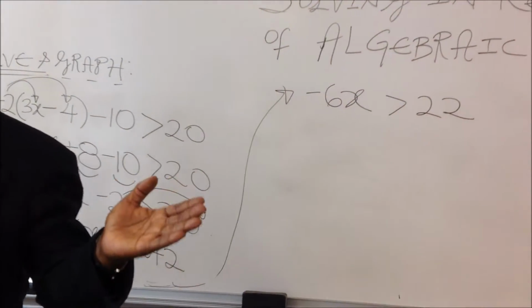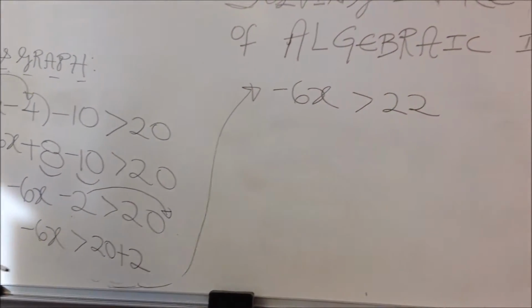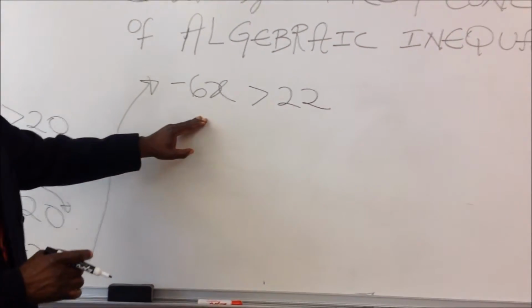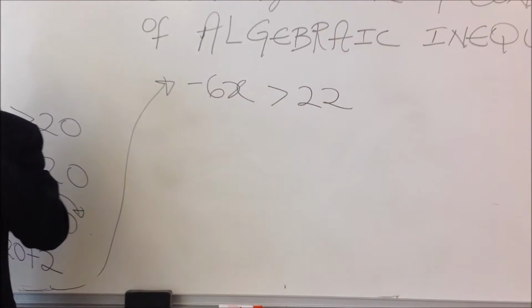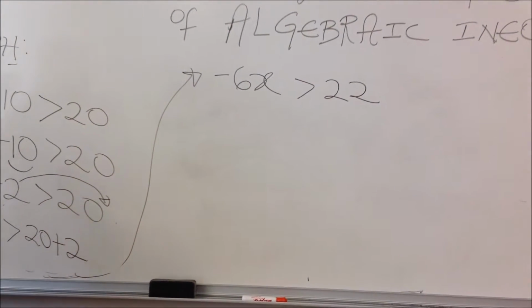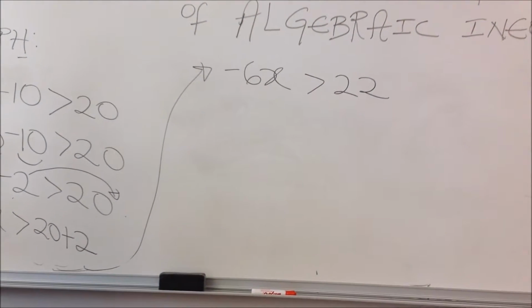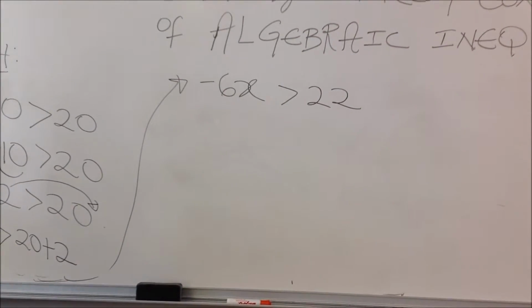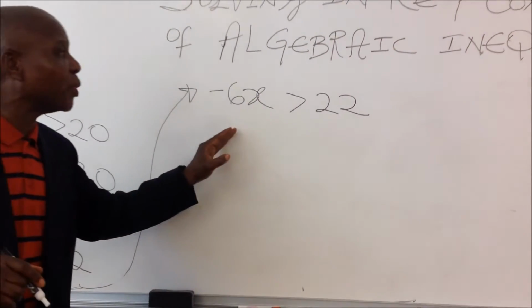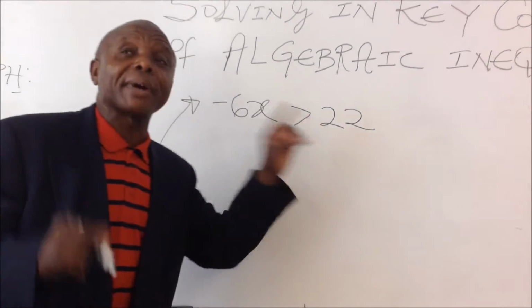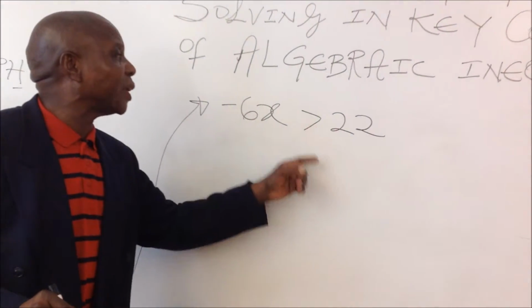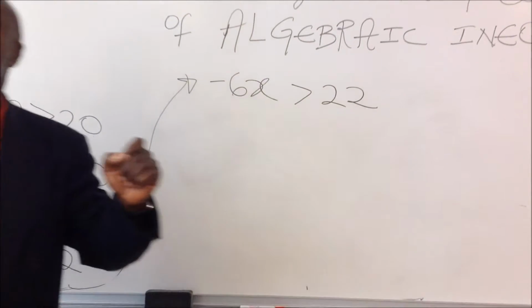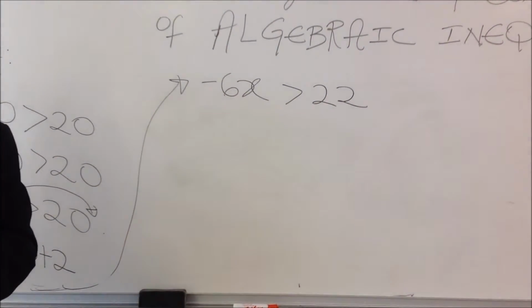Well, we need to divide both sides of the inequality by negative 6. But keep something in mind. Don't forget this. Anytime we divide both sides of an inequality by a negative quantity, the inequality symbol must change.